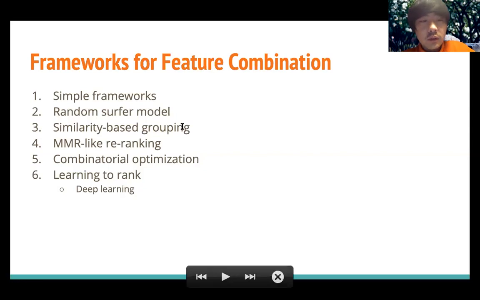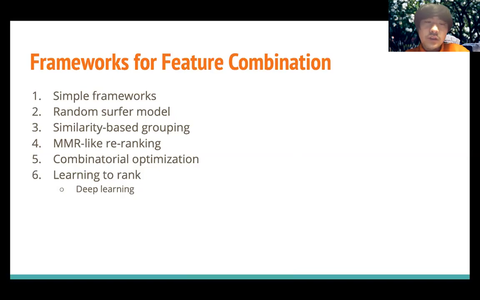Next we will look at some similarity-based grouping, and also MMR-like re-ranking, and then some more complex combinatorial optimization models, and finally learning to rank, particularly deep learning. As you can see, the first 5 frameworks are typically unsupervised. This is not surprising because most of the current systems for entity summarization are unsupervised. And in the last, we will have a look at some supervised systems, including some very recent deep learning-based methods.